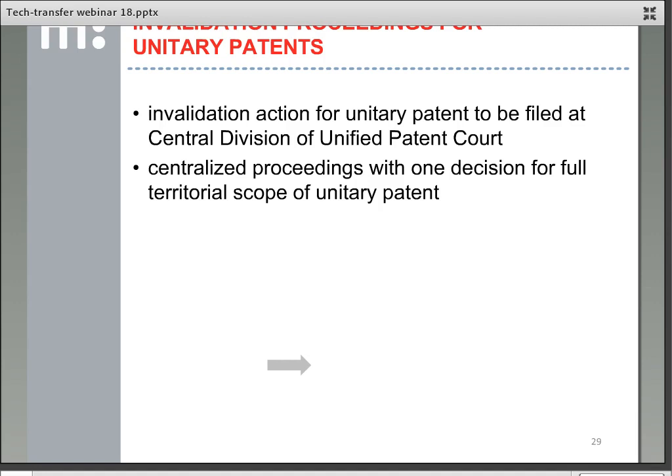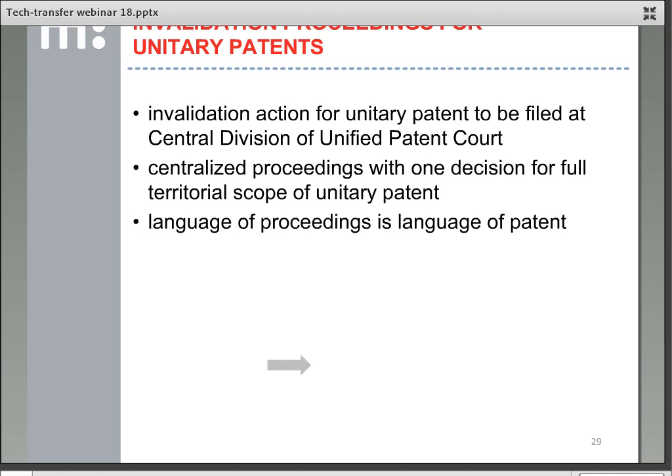And so you have, again, centralized proceedings, and one decision will be relevant for the full territorial scope of the unitary patent. Another advantage maybe is that the language of the proceeding is the language of the patent. So if you've got an English patent, you don't need to have all your proceedings in German, for example. There are some translation issues, but not in this context.